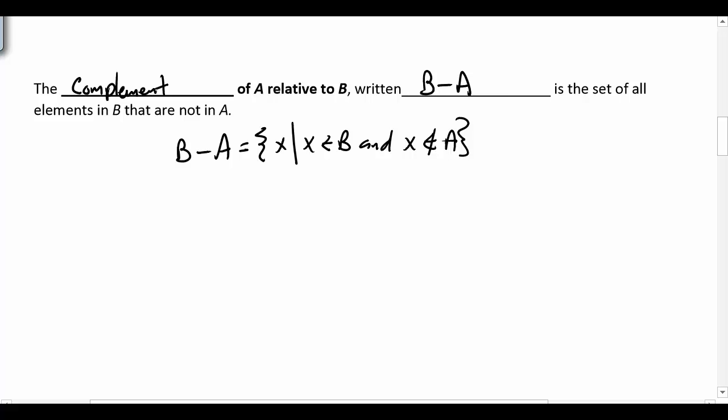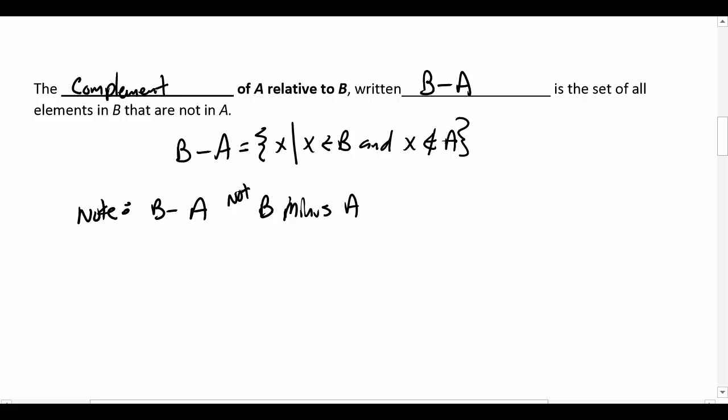Now we should warn you on this. B minus A is not said as B minus A. It looks like it, but that's not what it means. We use that as a symbol for the word complement.